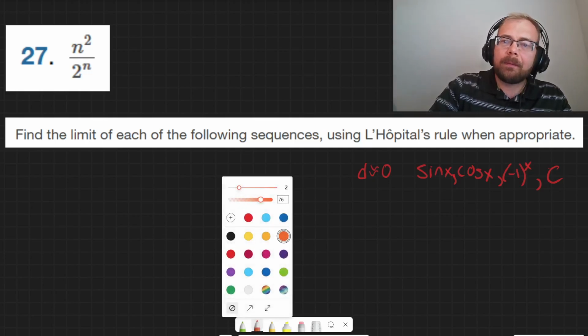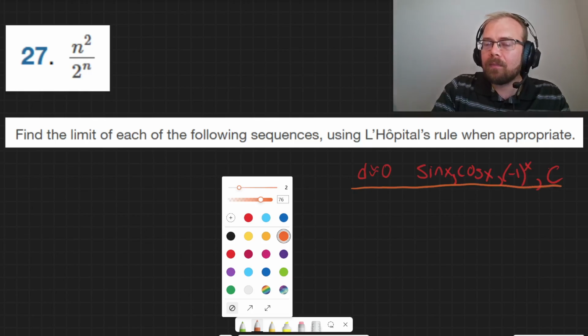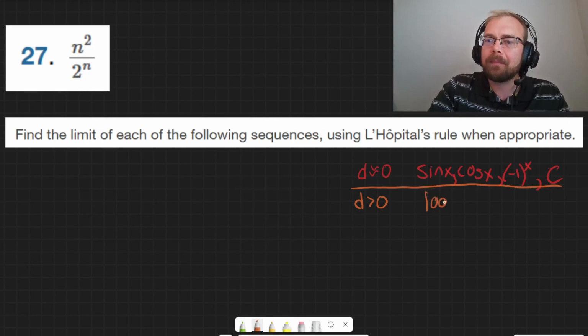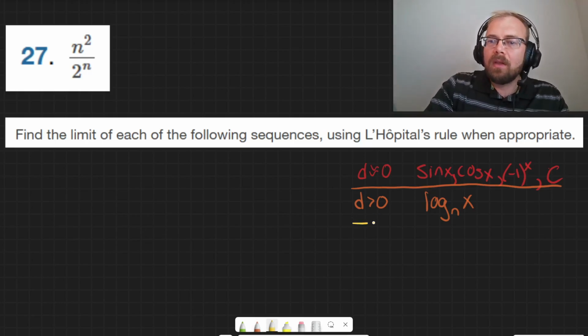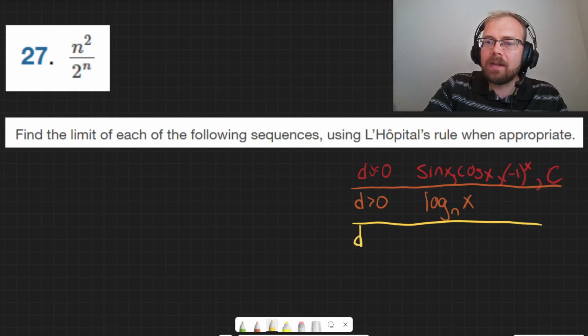Whereas, if you've got a logarithm, you've got a degree that's something greater than 0, but it's small and it's getting smaller. Any kind of logarithm, especially ln of x. Then you've got the degree is actually just whatever the power is, which would be x to the n power.